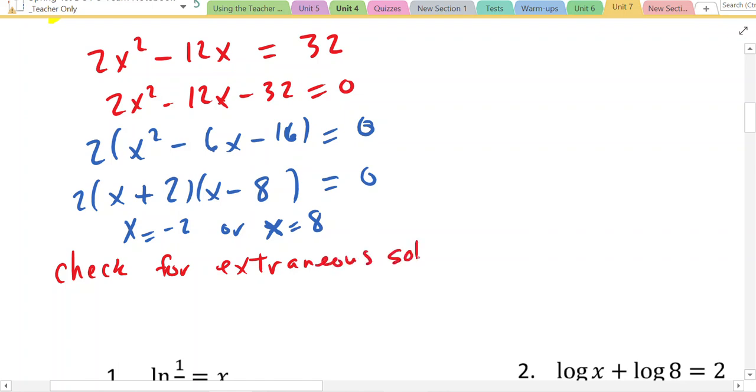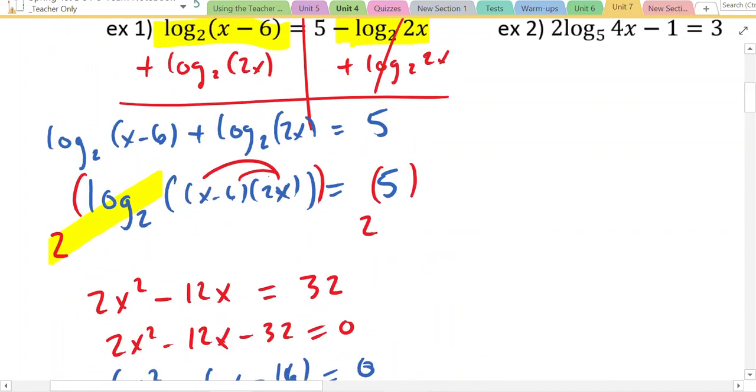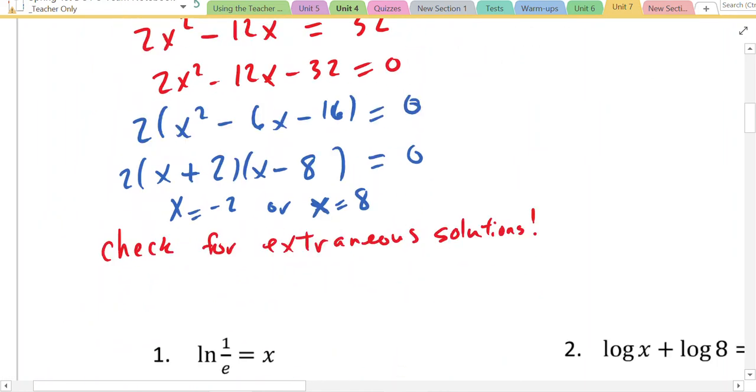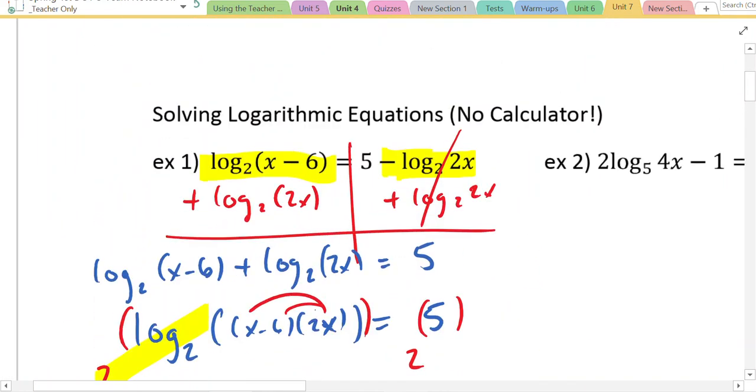Solutions. So basically, you're checking for solutions that don't work. We go back up here, and the whole point is if we plug in these two numbers, remember, logs have to have a positive argument. If you put in x equals -2 on x minus 6, that's -8.